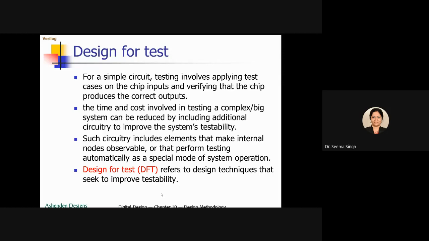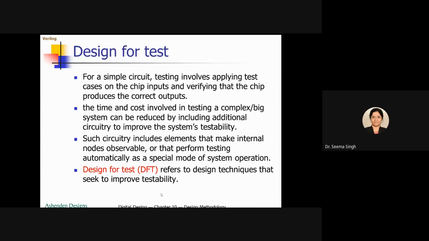So design for test says that the internal nodes should be observable, and we have to make the circuit in such a way that we are able to perform the testing.